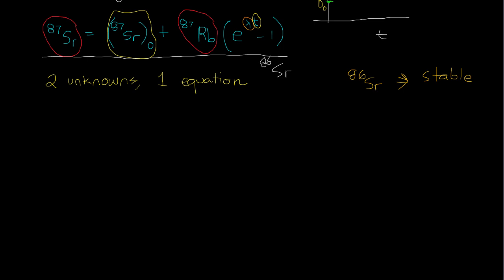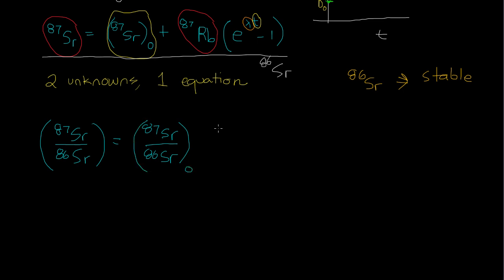And that produces an equation that is actually the one that is used. The ratio of 87 strontium to 86 strontium, which is relatively easy to measure, equals the initial ratio of the two strontium isotopes, plus the isotopic ratio of 87 rubidium to the stable isotope of strontium, 86 strontium, once again times, in brackets here, e to the lambda t minus 1.